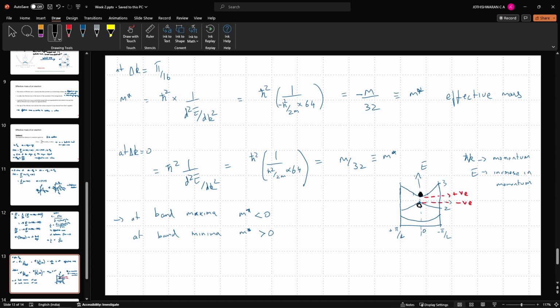Now again, when I supply energy to this system, an electron from either here or here will jump into this vacancy. Because I've supplied energy, it has enough energy to move from this point to that point in the dispersion relation, from this k value to the other k value. So what is happening is the electron has gained energy, but what happens to the vacancy?